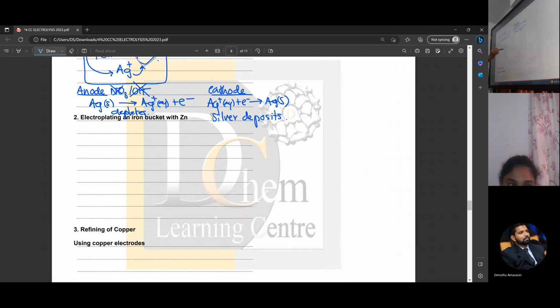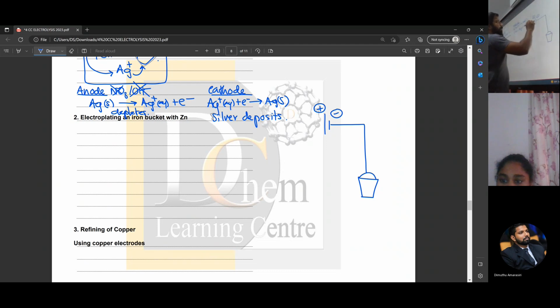So basically, the bucket is connected to this side, minus. This should be zinc metal.